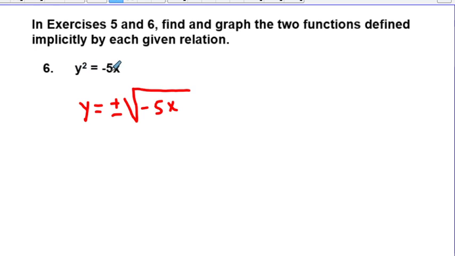You see why that would be the case. So y is equal to the square root of negative 5x, and y is equal to negative square root of negative 5x.